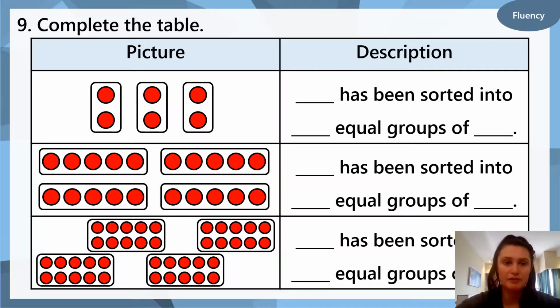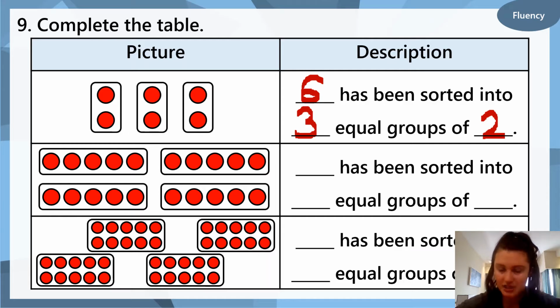So for example, for question 9 here, the first one, we have 1, 2, 3, 4, 5, 6 counters have been sorted. I don't know what happened there. 6 counters have been sorted into 3 equal groups of 2, because there's 2 in each group.